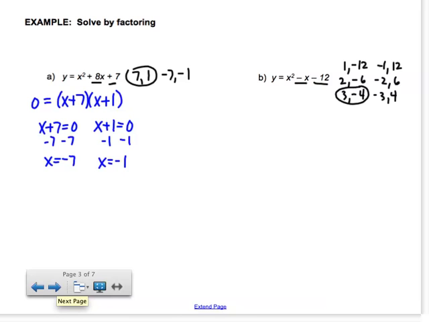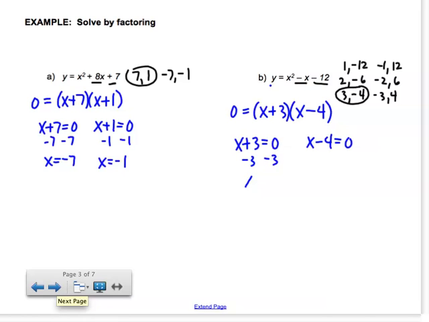So I'm going to rewrite and say x plus 3 times x minus 4, and replace that y with 0. And now I have x plus 3 equal to 0, x minus 4 equal to 0. Solve each of those, I get x equals -3, x equals +4.